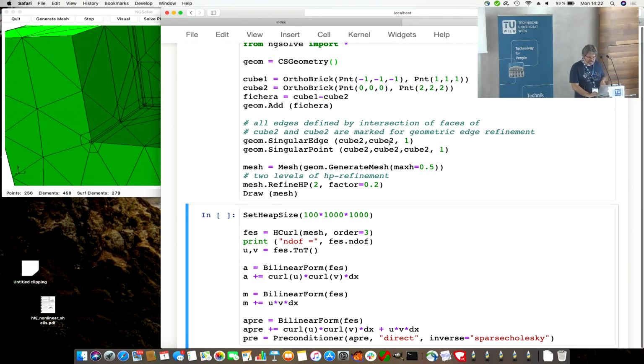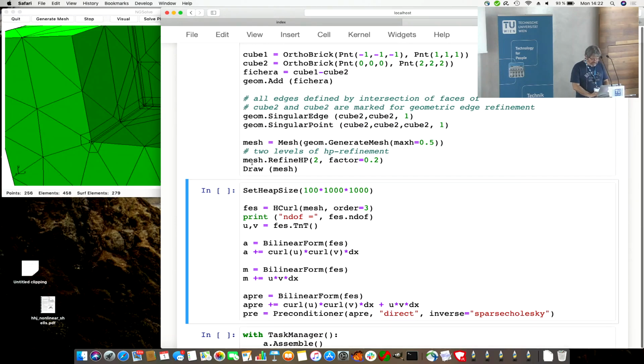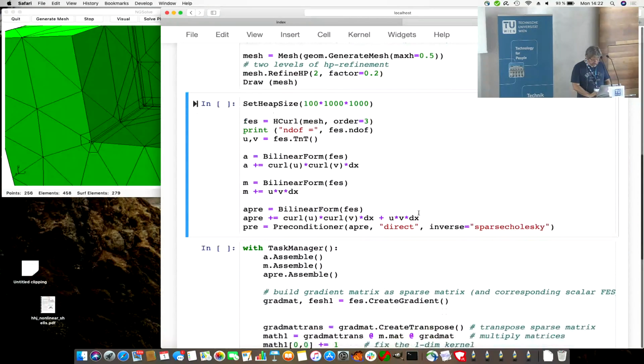If it's just a cube 2, then all edges of cube 2 are marked for singular refinement. We get this by mesh refine HP, geometric HP refinement, 2 levels, and the grading factor telling how strong we move it.